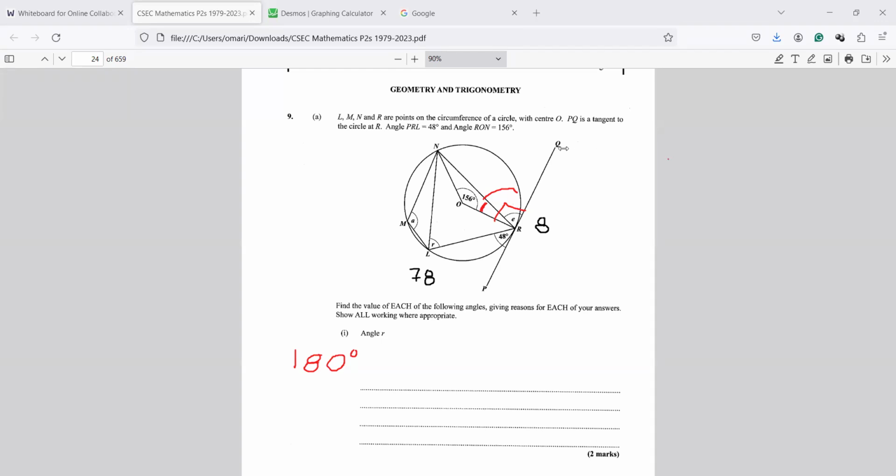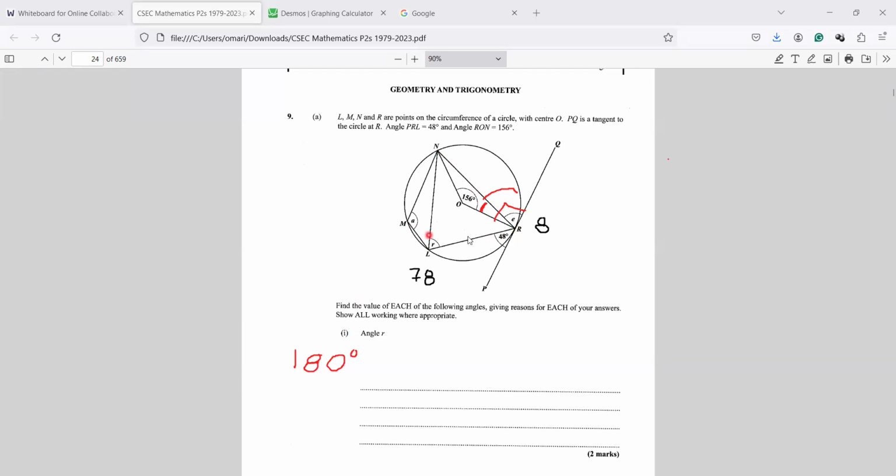So I was back at explaining how we are going to calculate angle A, which is inside our cyclic quadrilateral MNRL, so quadrilateral, right? And I was saying to you guys that angle LMR plus angle LRN should equal 180 degrees.